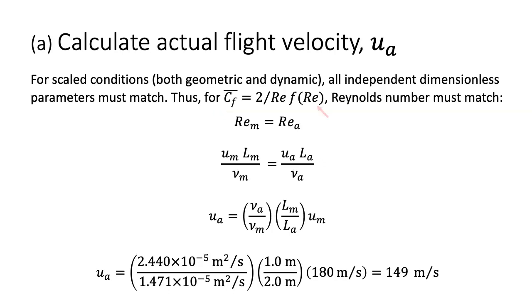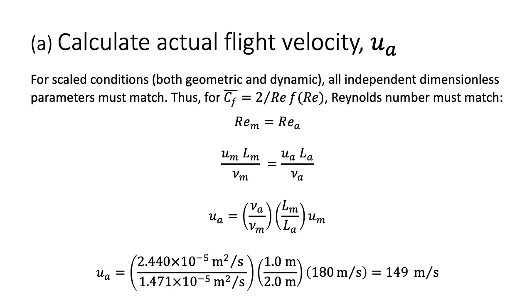The drag coefficient is just a function of the Reynolds number for incompressible flows based on the dimensionless form of the governing equations. Recall that the Reynolds number is the ratio of the inertial to viscous forces. Thus, if the Reynolds numbers match between the model and the actual conditions, then the relative magnitude of these forces is also the same. Thus, the conditions are dynamically similar.